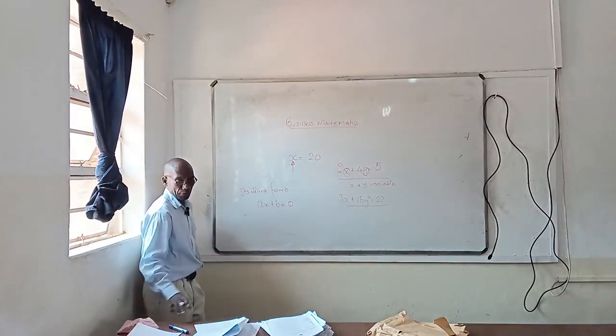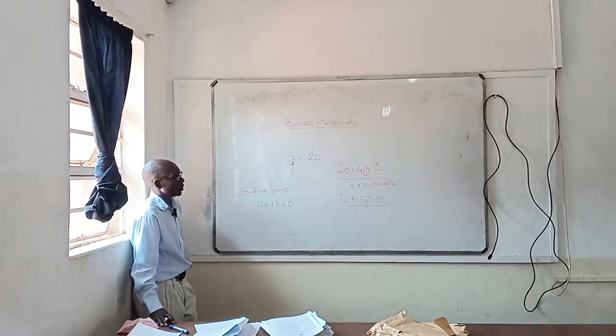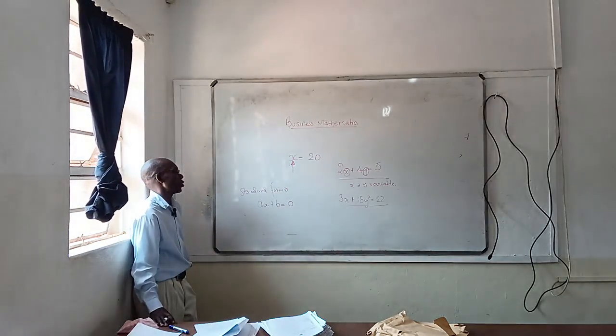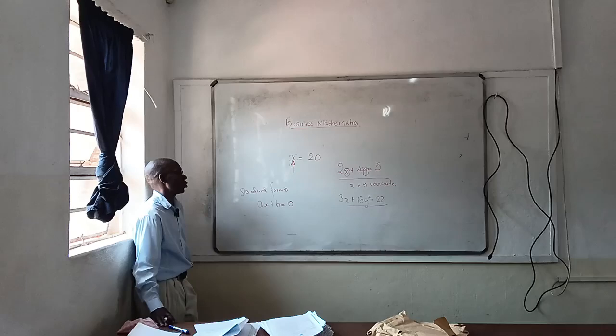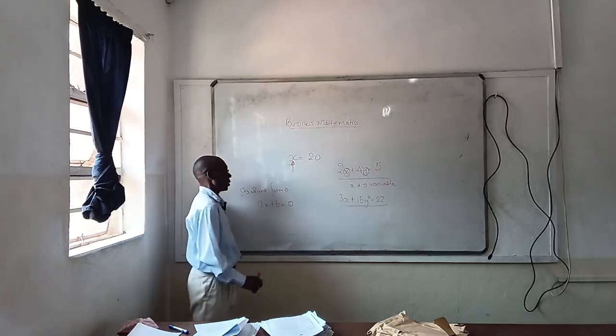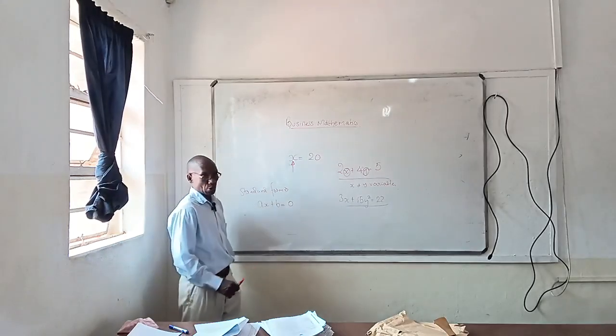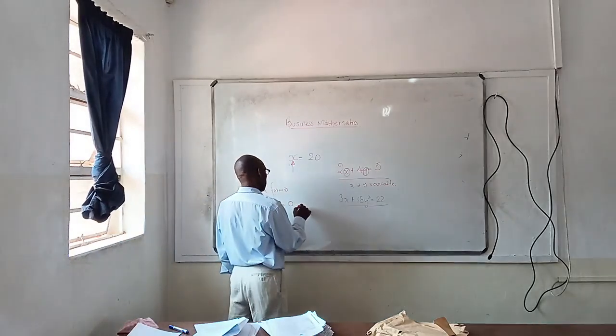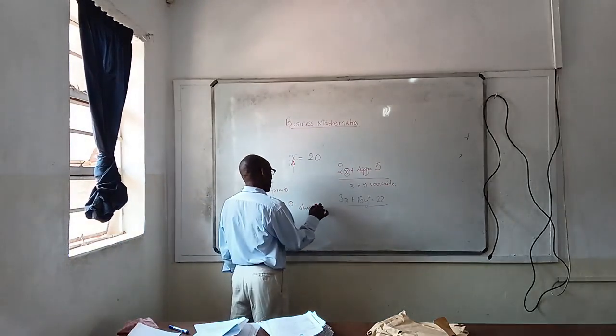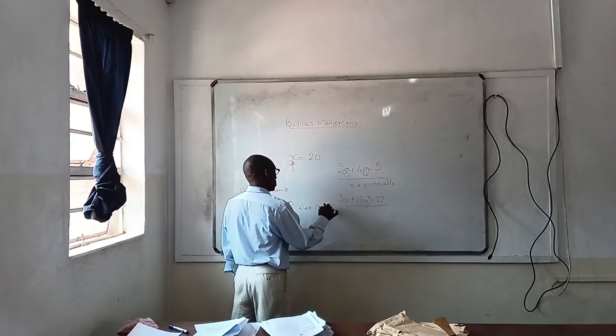Alright? That's the standard form for an equation, ax plus b equals 0, where a should not be equal to 0.